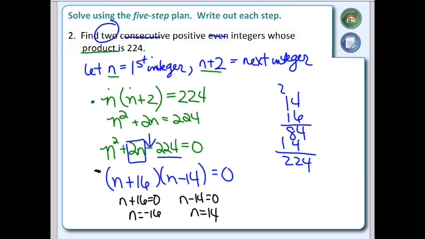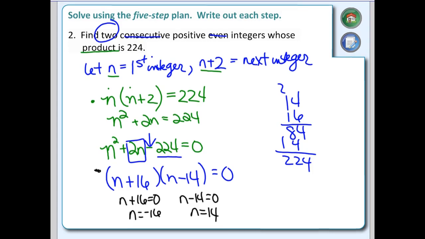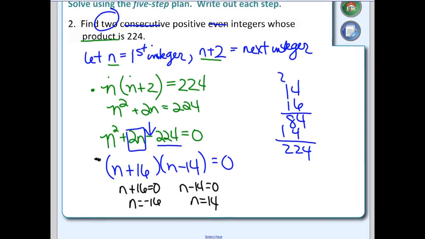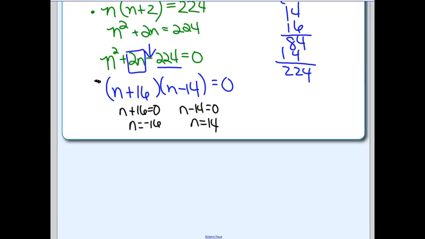So we did all that work. Now, what was the question? Do you remember? It says find two consecutive positive even integers. So if you look, they're asking for positive even integers. So we're going to reject this, okay, because it's a negative number. All right?